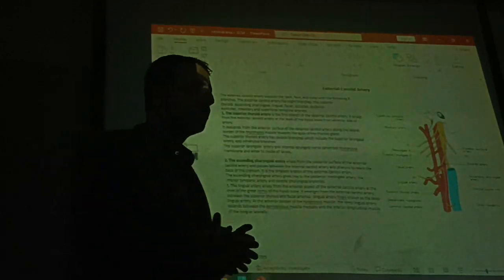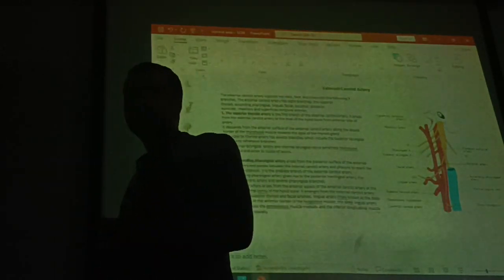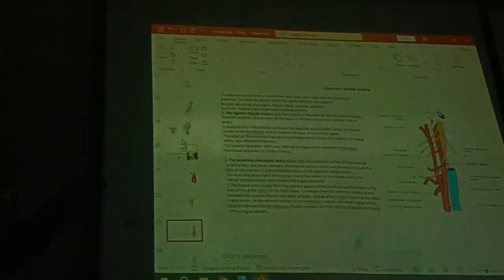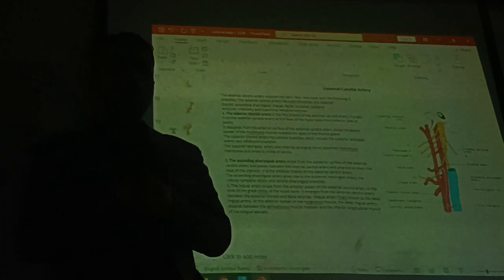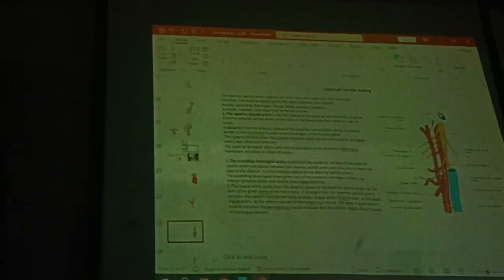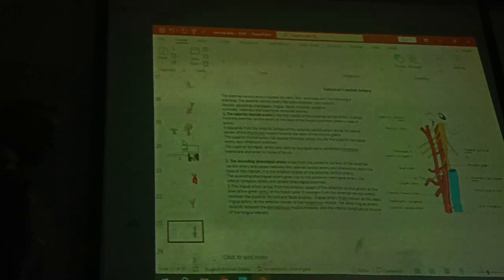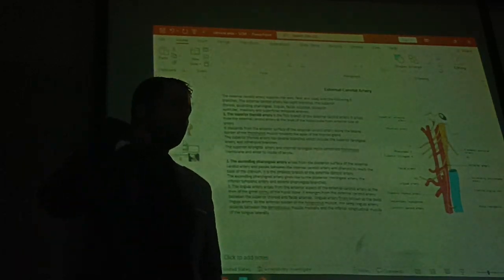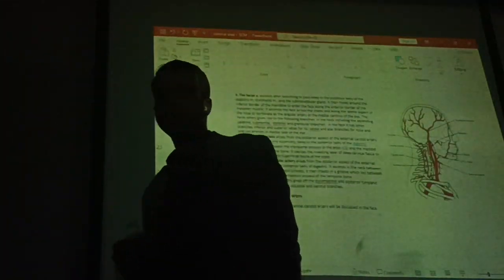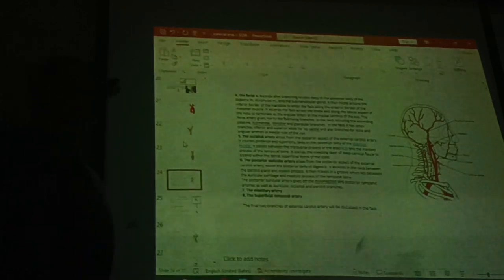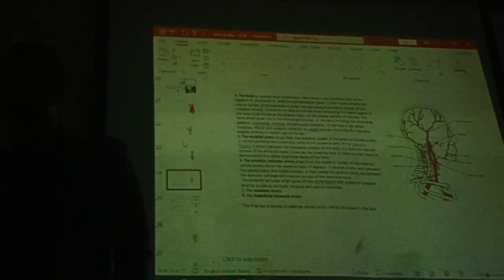It also has some branches. The sublingual branch supplies the sublingual gland and the area located in the floor of the oral cavity. Another branch is the submental branch. The submental branch supplies the superficial part of the submandibular gland. Submental branch, sublingual branch, and dorsal branch.